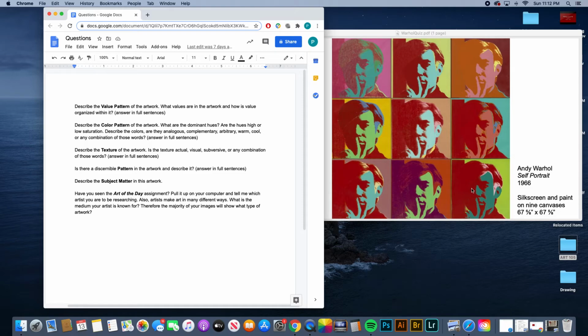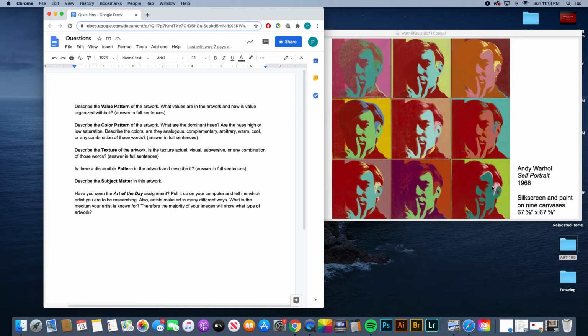The contrast is much greater in the bottom row. So in the bottom row or third of the artwork, we have a higher contrast. That is how the value pattern is organized.